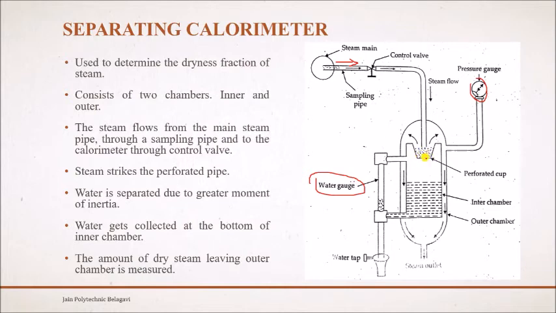Once it strikes, the water gets separated, since it has a greater momentum of inertia, and it collects at the bottom of the inner chamber. Due to collection of water at the bottom of the inner chamber, slowly the level starts rising. How much water has been collected is measured using this water gauge.